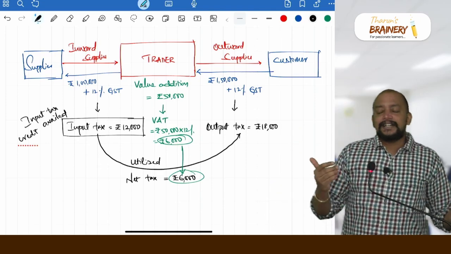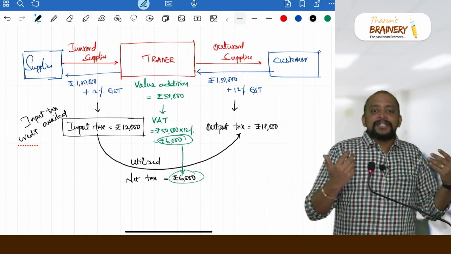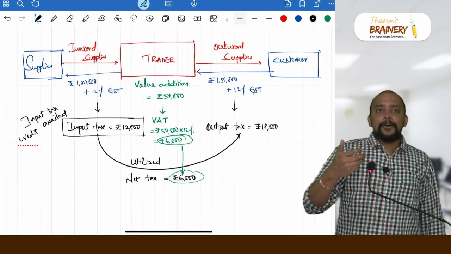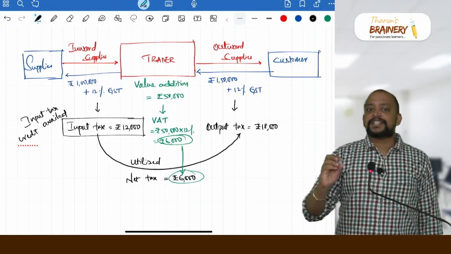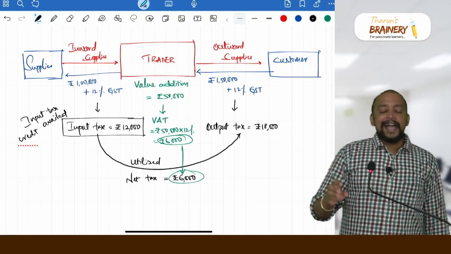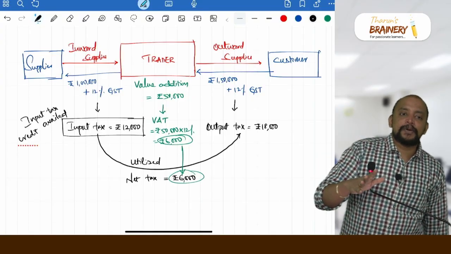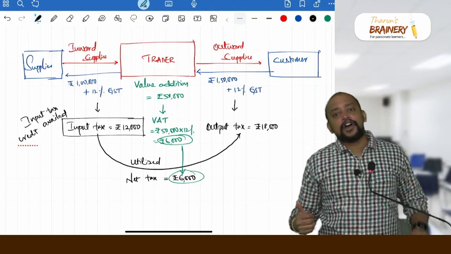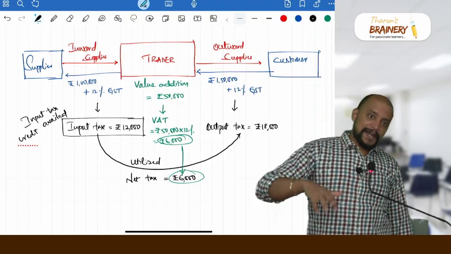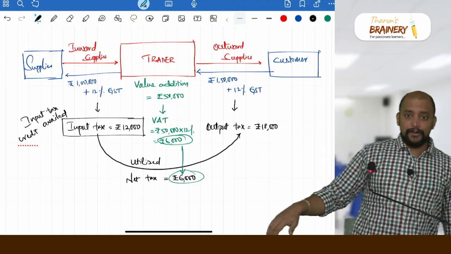You got it? It is as good as at the time of purchase, you have purchased one mobile phone and you got a voucher. The purchase price of the mobile phone is 10,000 and the voucher is 1,000. What is your net cost? You spent 10,000 but you got a voucher of 1,000.